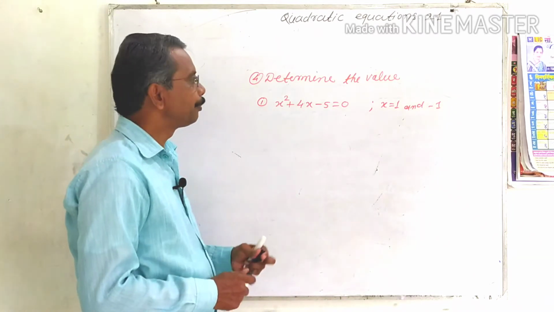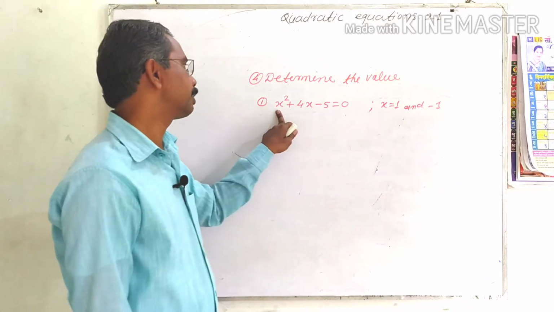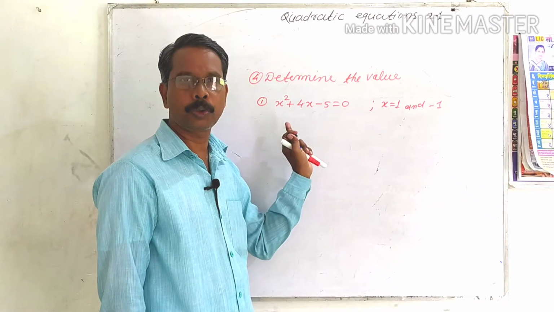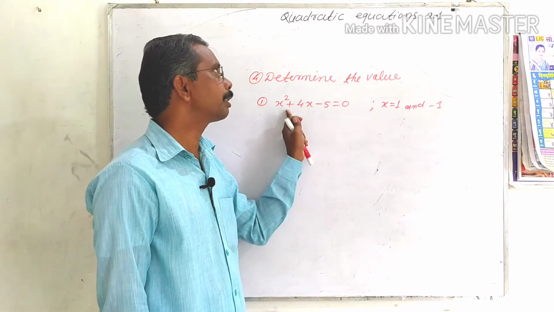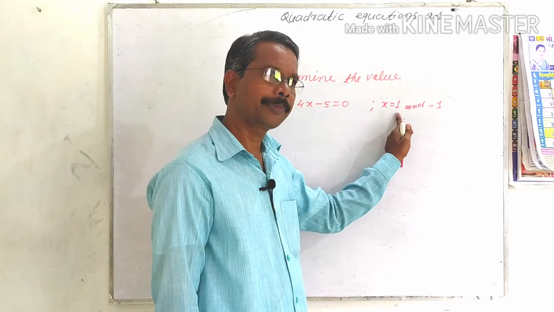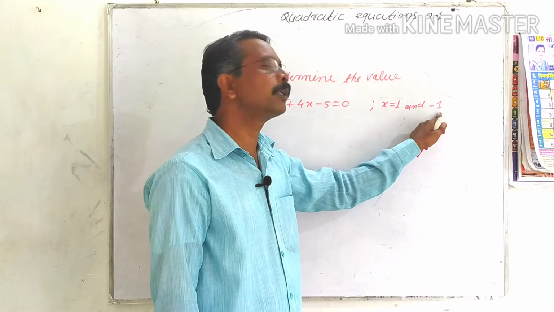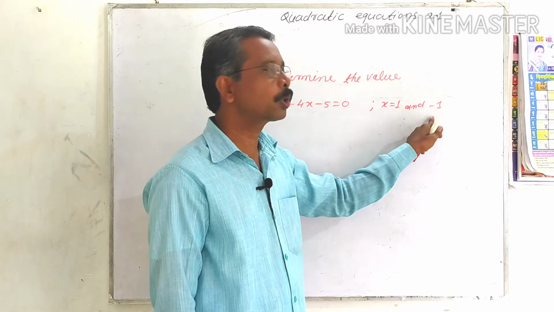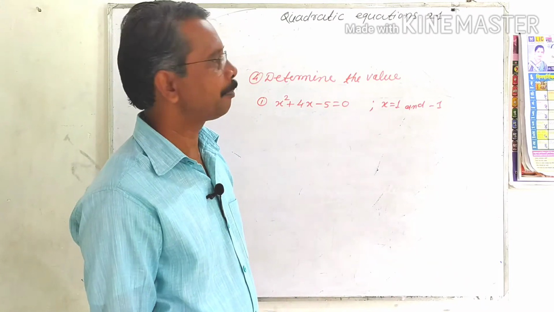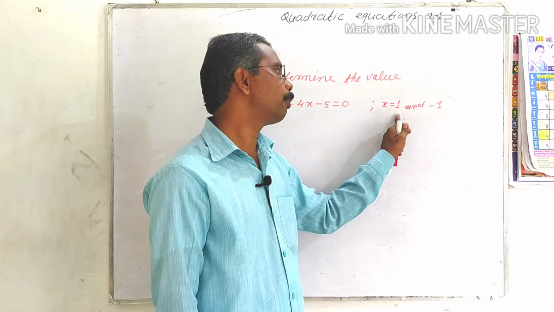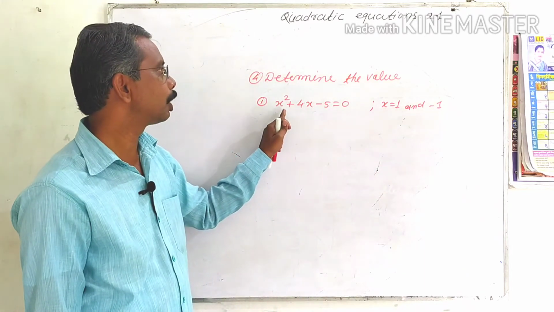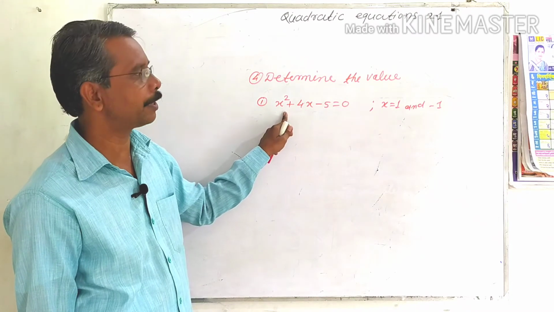Our equation is x square plus 4x minus 5 equal to 0. Obviously it is a quadratic equation, and x equal to 1, also x equal to minus 1. These are the two values that are given. We have to determine whether x equal to 1 or minus 1 is the solution of this equation.